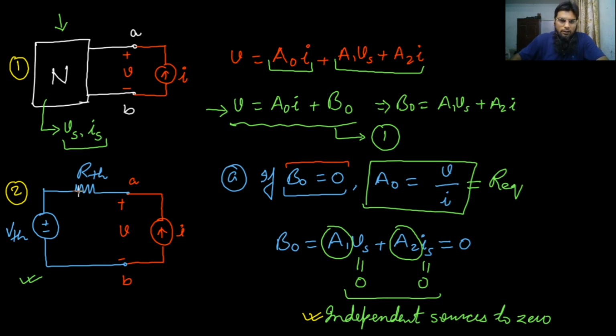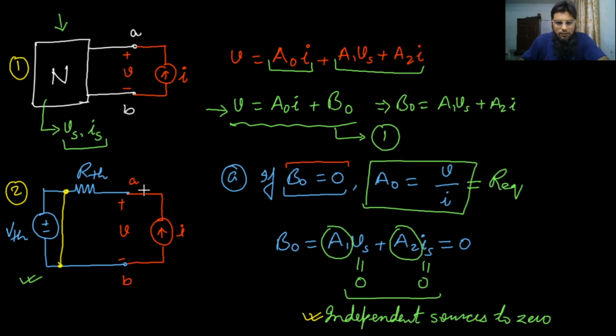How? Now let us do the same thing in the second circuit also. We have only one voltage source in this network, which is VTH. If we put this voltage source to 0, putting a voltage source to 0 means we need to short circuit the path. So we are just short circuiting this path.